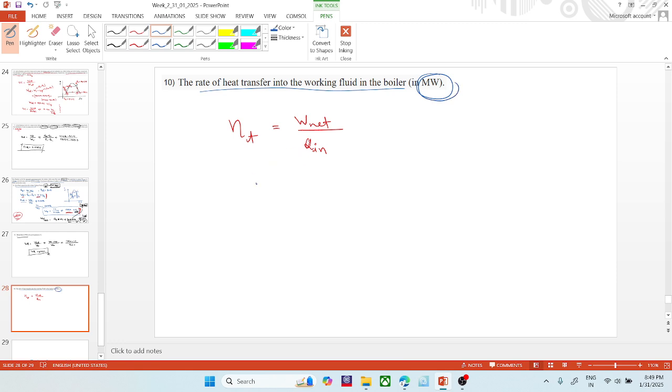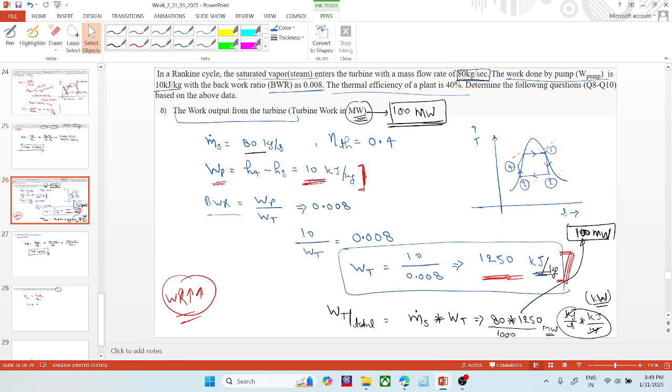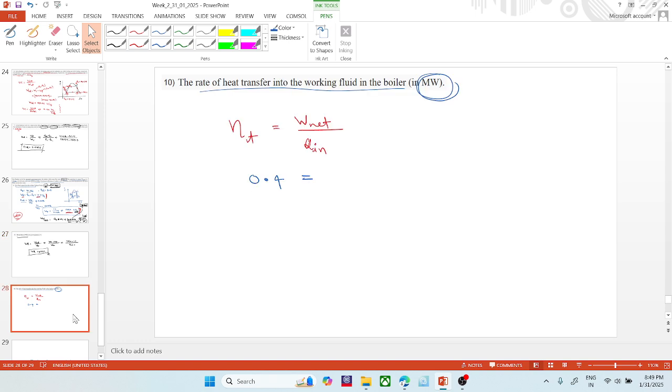So the thermal efficiency is provided as 0.4. The W net we have just determined. The work output from the turbine is 100 megawatt. So W net we will determine first.